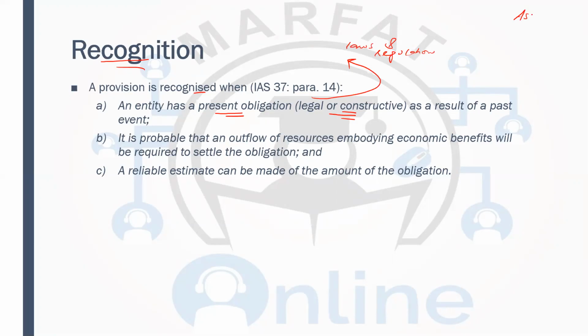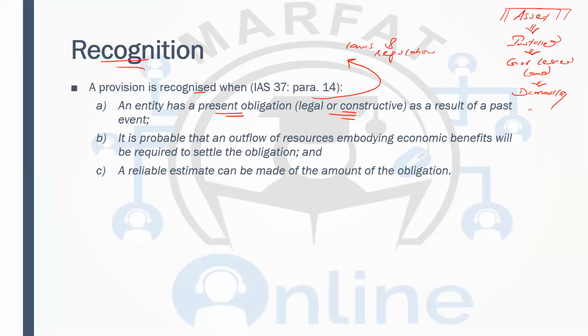you have an asset which is installed somewhere. For example, an asset is installed on the government leased land. Say, for example, you're extracting something from the land, such as minerals or oil, whatever, and you have installed your machinery over there, the complete set of machinery is over there. And the government says, okay, when your project ends, you have to dismantle the site. You have to dismantle the asset.